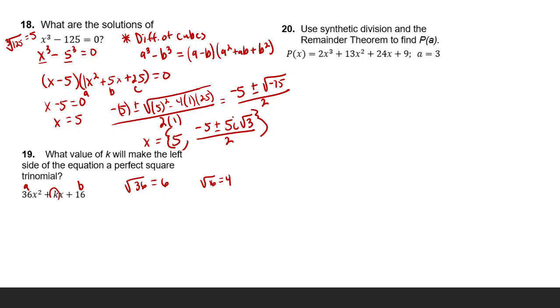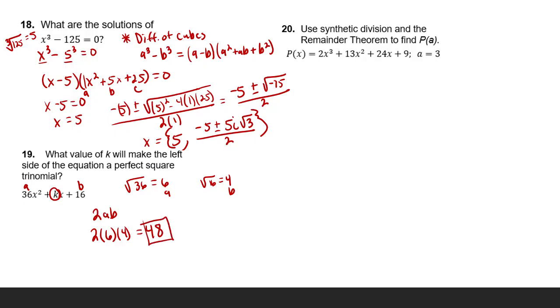So the k part in the middle should be 2ab. If I plug in my 6 for a and my 4 for b, you're going to get 2 times 6 times 4. So 2 times 6 times 4 equals 48.